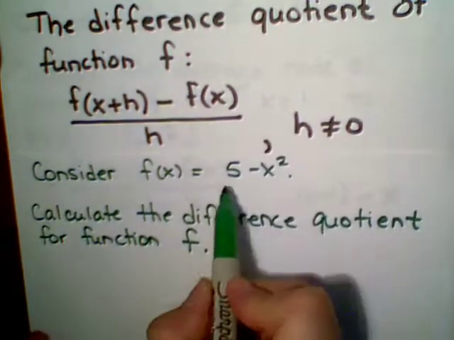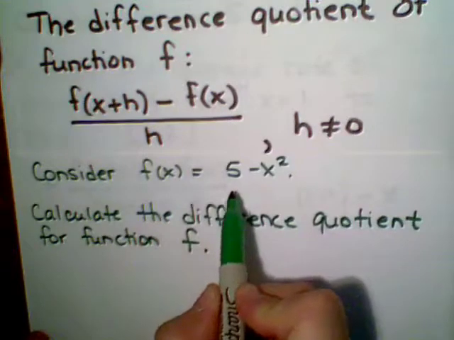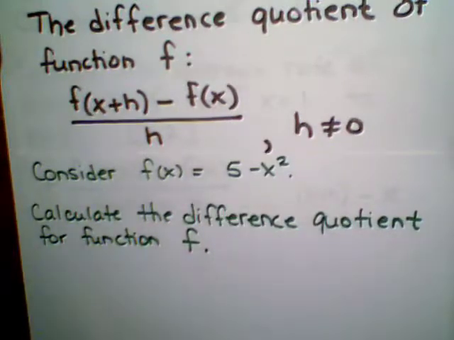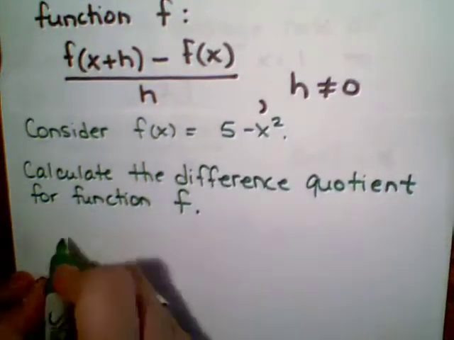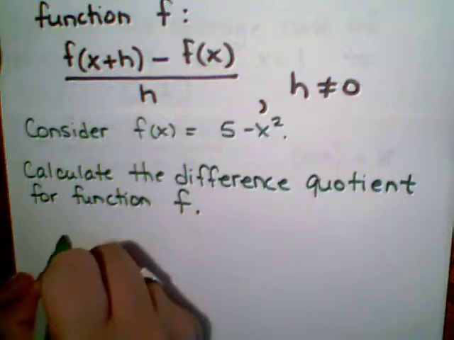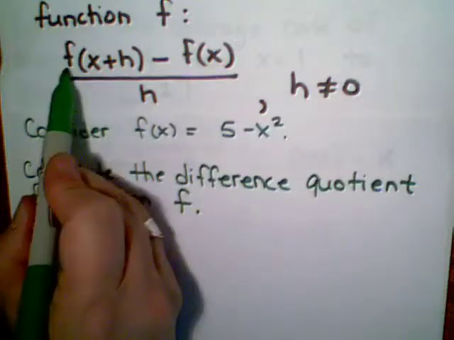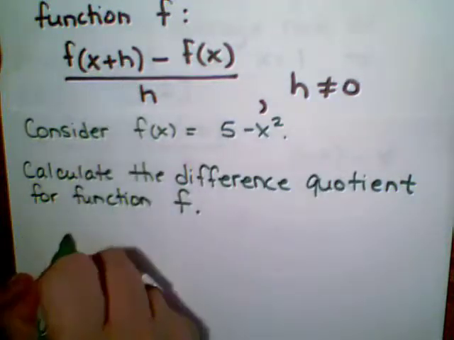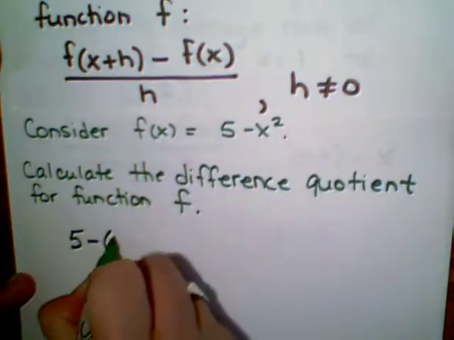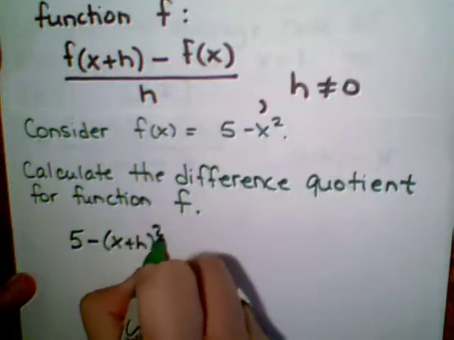Let's again consider the function 5 minus x squared. And now let's calculate the difference quotient for function f. Okay. So we need f evaluated at the sum x plus h. So that would be 5 minus the sum squared.